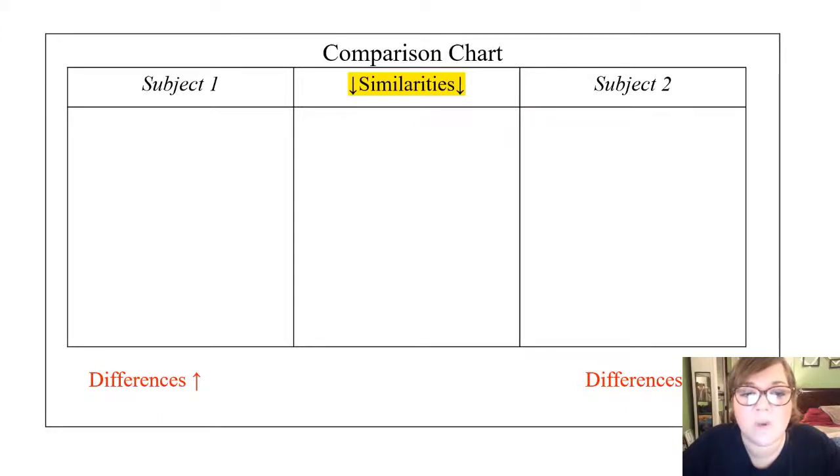So the details that only are with subject 1 and not with subject 2 would go under subject 1. And the details that only are true for subject 2 would go under subject 2 in that column. So then we'd be able to see in the middle how they're alike and on the two separate ends how they are different.